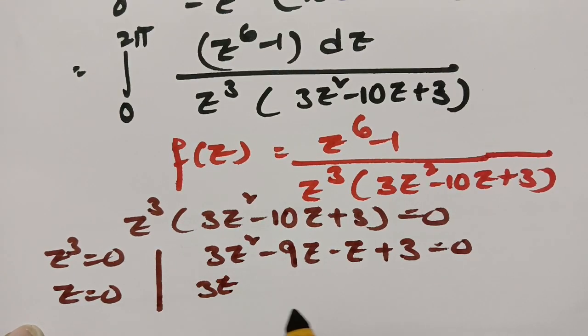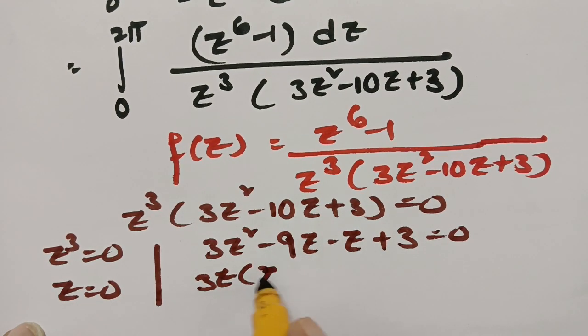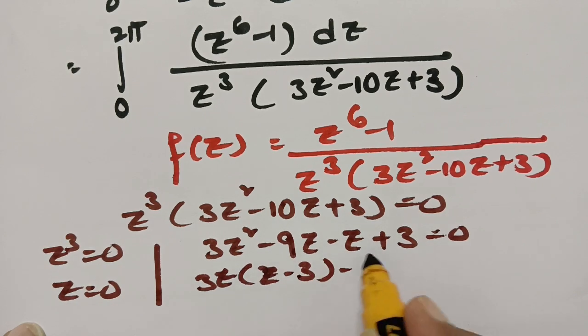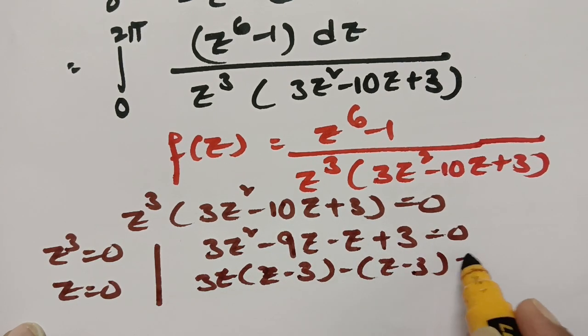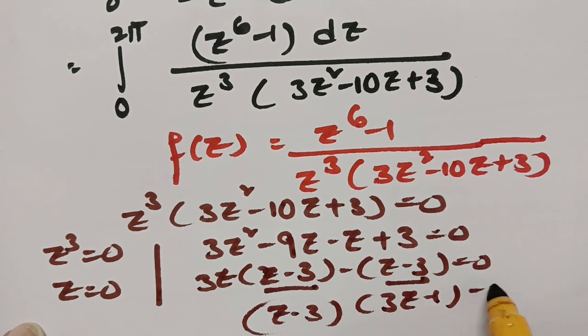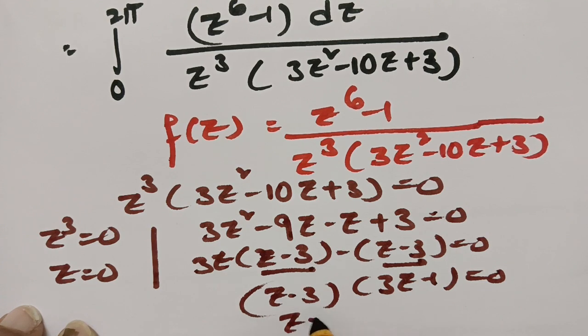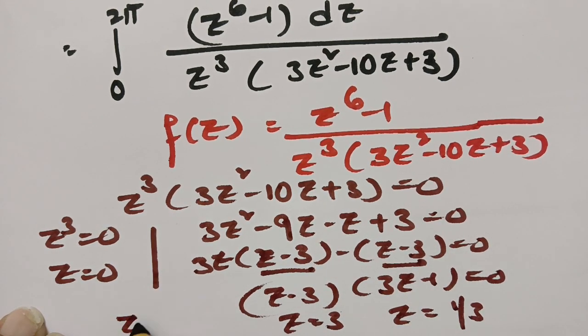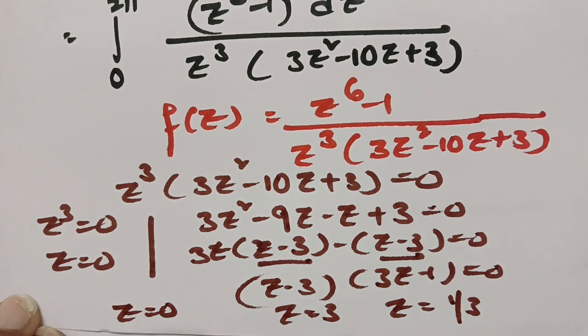If I take 3z common, this will be z − 3, and if I take minus common, this will be z − 3. Taking (z − 3) common, this will be (3z − 1) equal to 0. Therefore z is equal to 3, z is equal to 1 by 3, and z is equal to 0. So these three are the poles.